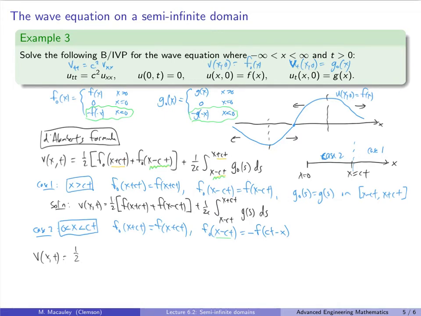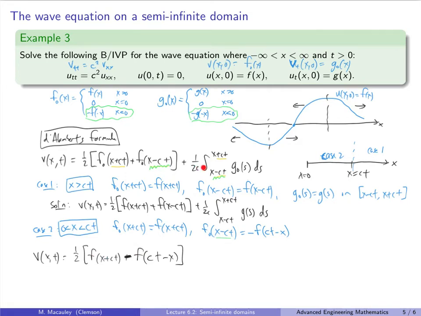So it's 1/2 times f of x plus ct plus, and now this is going to change. Actually, I should say minus. So that's minus f of ct minus x. That's simple enough. This thing just turns into this thing.